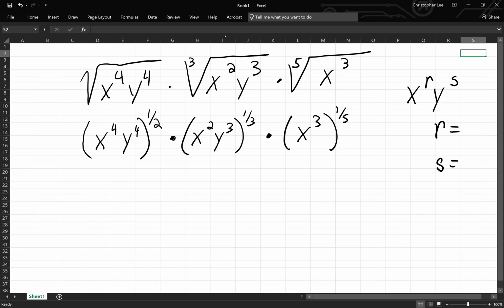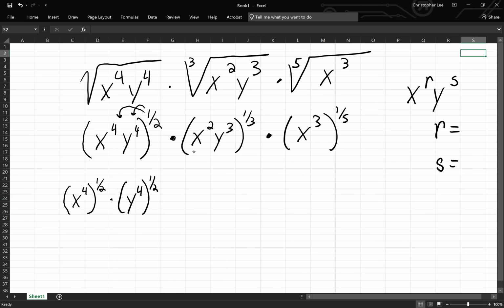Now, remember, whenever we're raising it to a power, it's kind of like we're distributing the power onto every part of the term. So individually, this is going to be x to the fourth raised to the half power times y to the fourth raised to the half power.